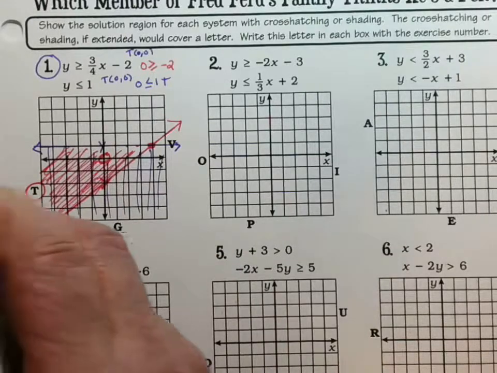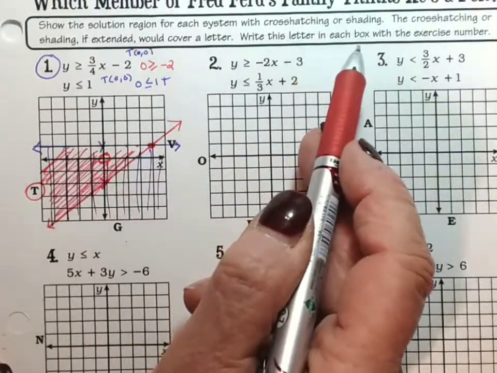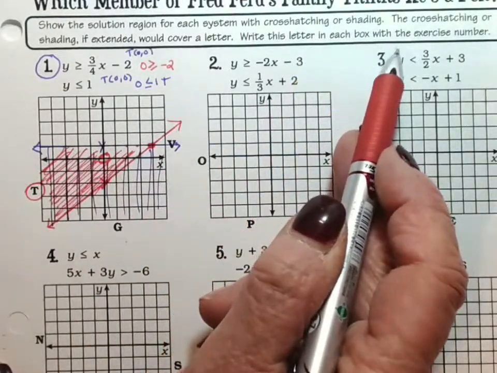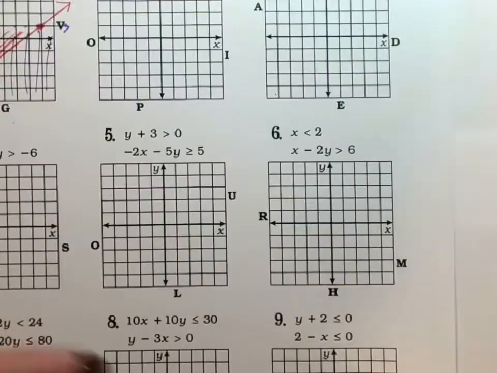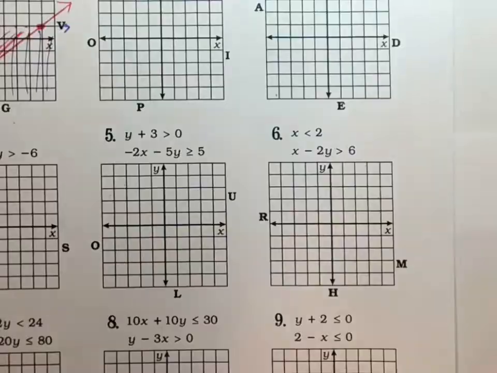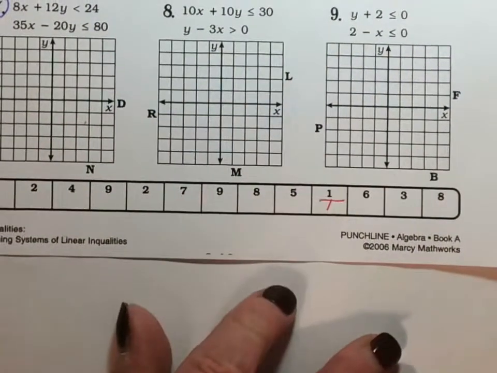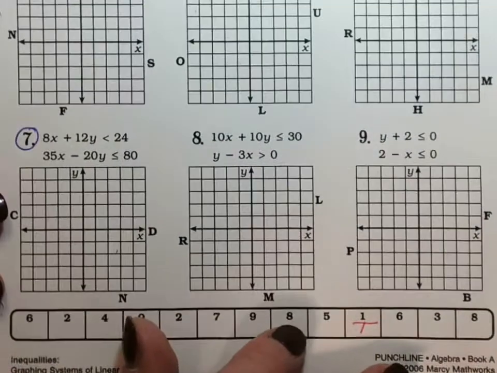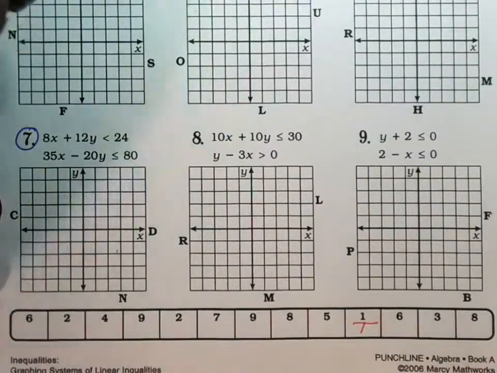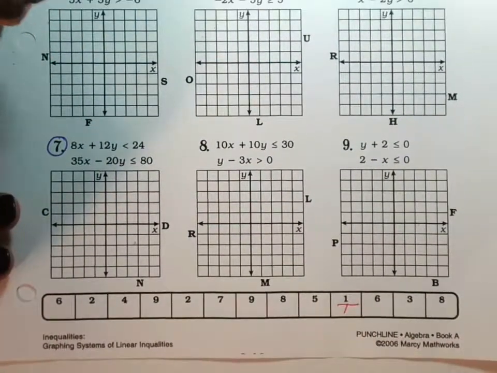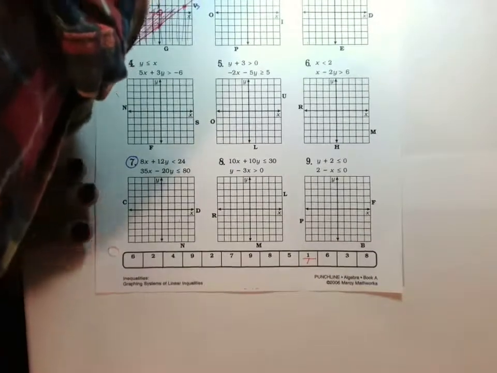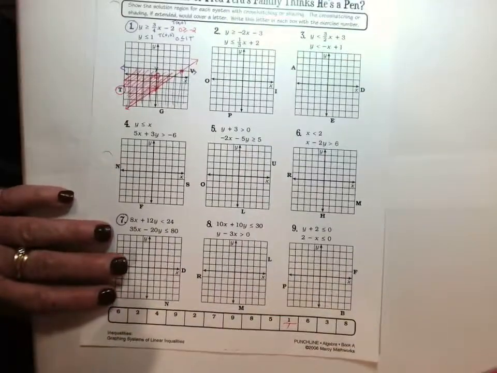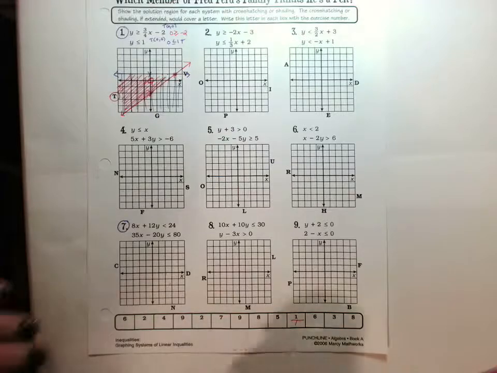T. Write the letter in each box with the exercise number. So I go down here for number 1, and I put a T. So we got one answer done.